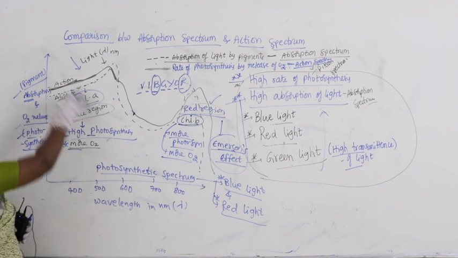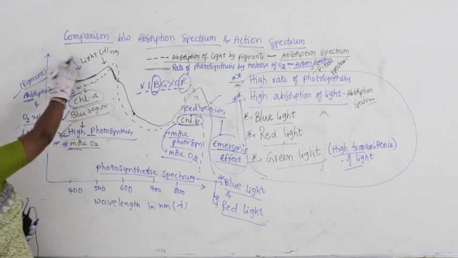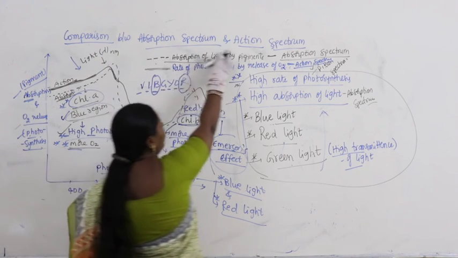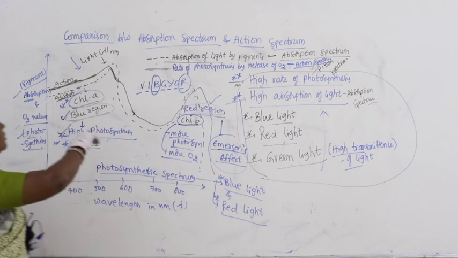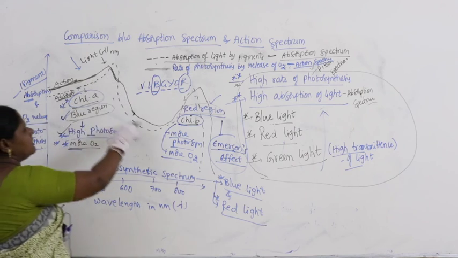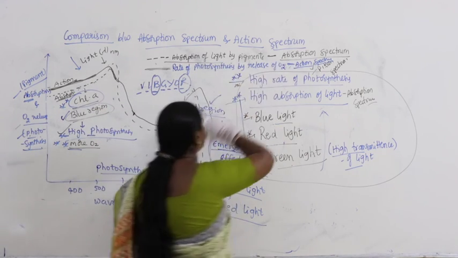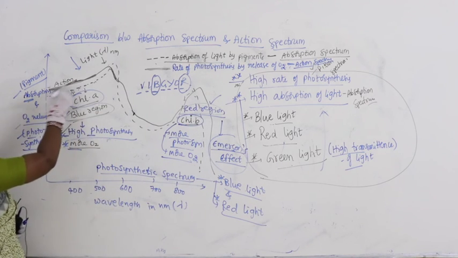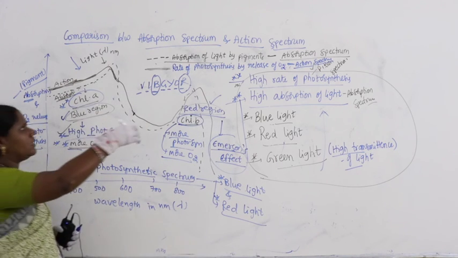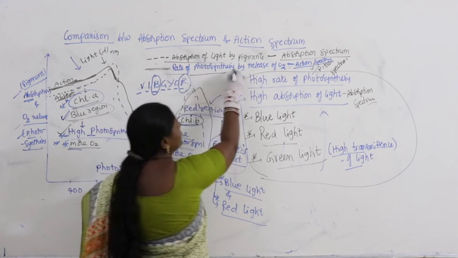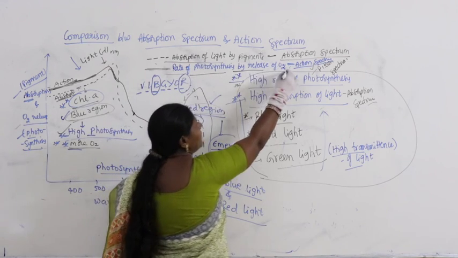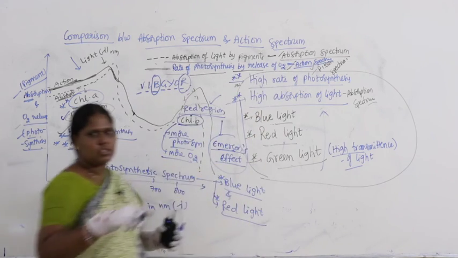Now, I will quickly revise the comparison between absorption spectrum and action spectrum. Here the dotted line is absorption of light by pigment, that speaks about the absorption spectrum, and the dark line is the rate of photosynthesis by release of oxygen, that speaks about the action spectrum.